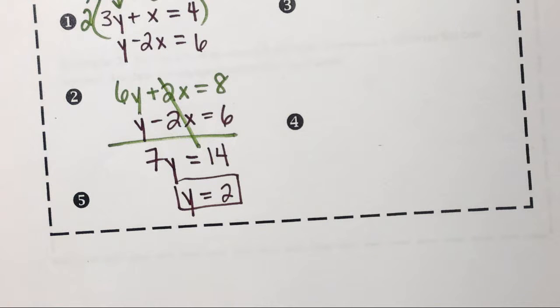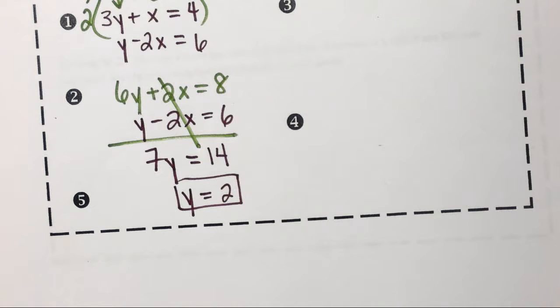So you've done elimination wrong if no one gets eliminated. The x is gone because 2x and negative 2x canceled out. 6y plus y is 7y. 8 plus 6 is 14. Then I divided both sides by 7, and I got y equals 2. Are there any questions about this? We're going to do a couple more.